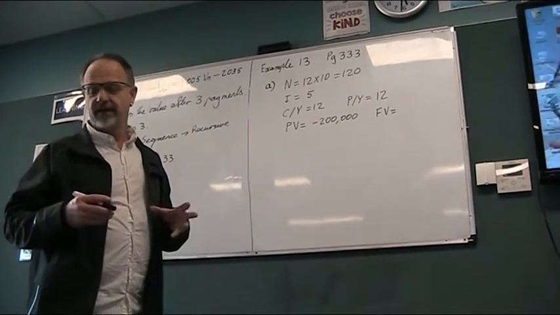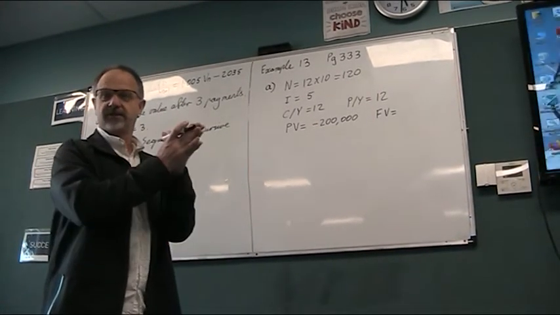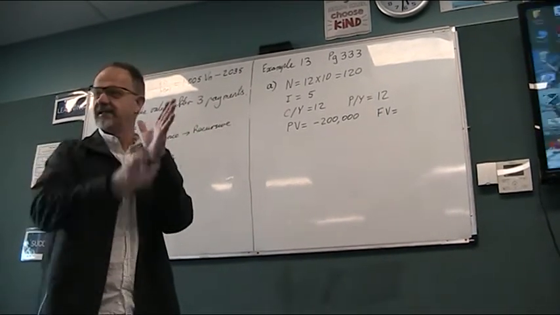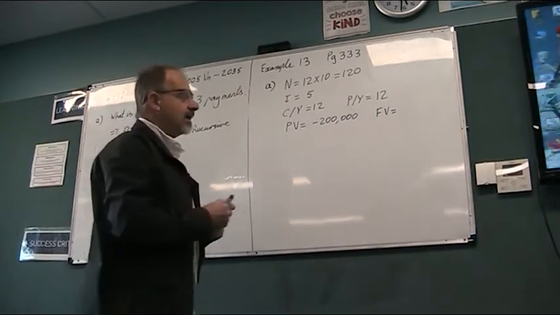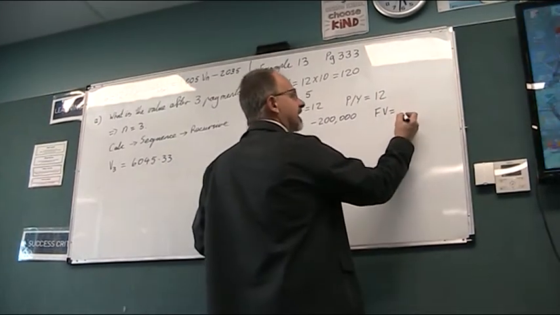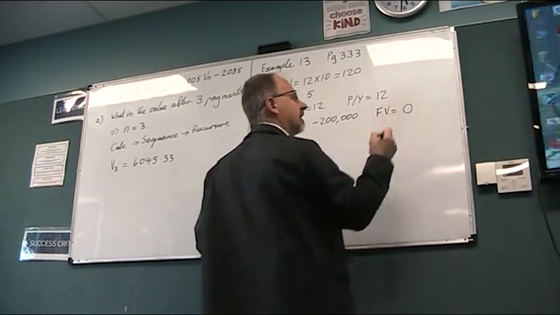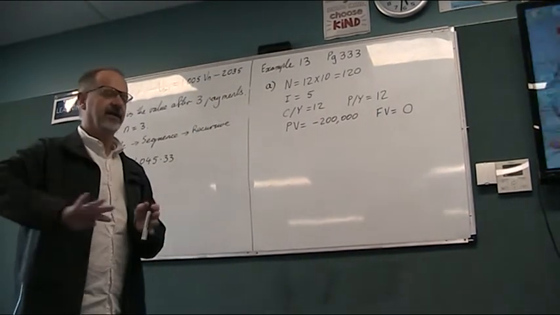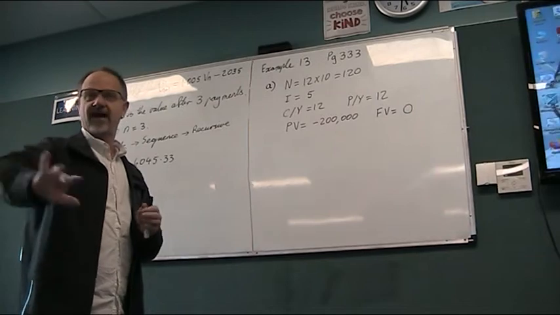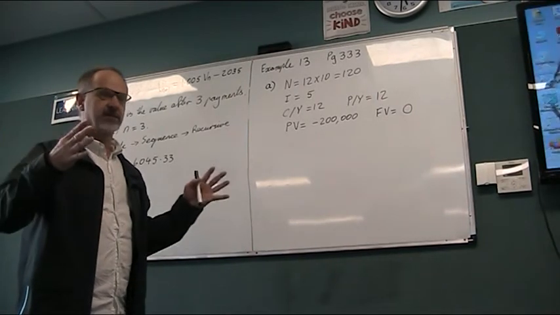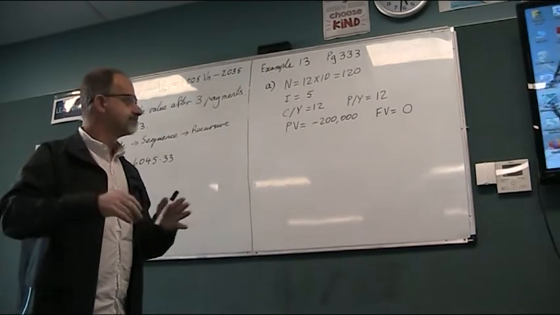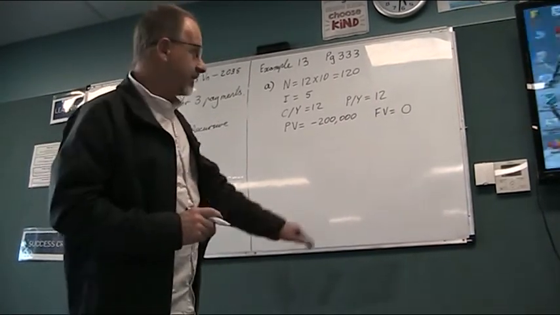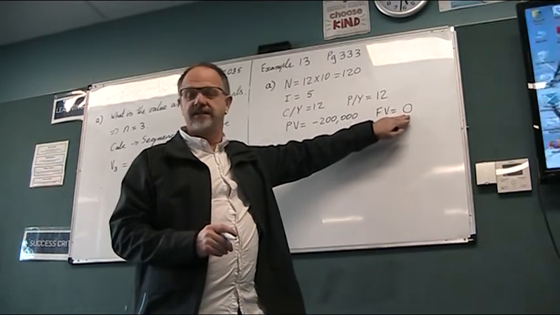So from that, you would say that he wants payments for 10 years, and then that's it. So the future value would be 0, because it doesn't indicate that he wants anything to happen after those 10 years. And so you put the future value as 0.